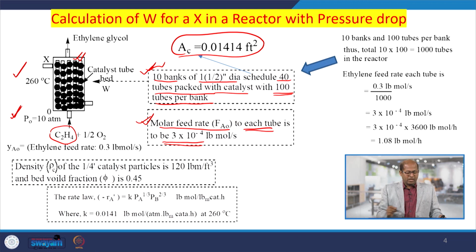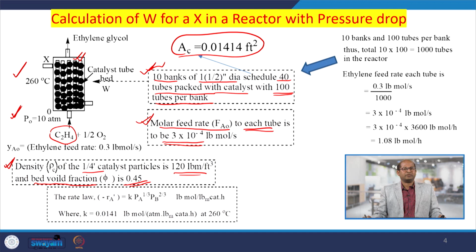The catalyst density is given as 120 pound mole per cubic feet. The catalyst particle diameter is also given, 1/4 inch, and the void fraction is given as 0.45 when the catalyst is placed inside the reactor.